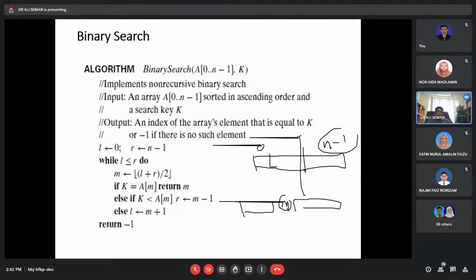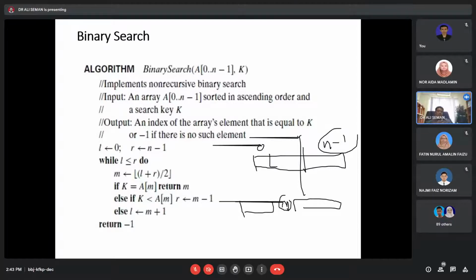If K is not equal to M, we compare the search key. If K is less than M, we need to find the search key in the left subarray only, the first subarray. If K is greater than the value of M, then we need to find it in the second subarray, which is the right subarray. This is how the division can be done in order to find the search key.